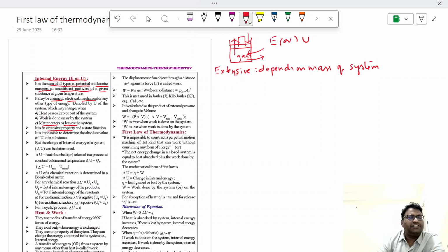Next, it is a state function. We have already discussed what is meant by state function or state property.